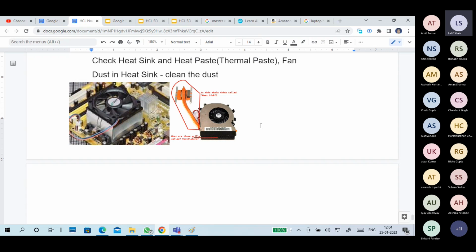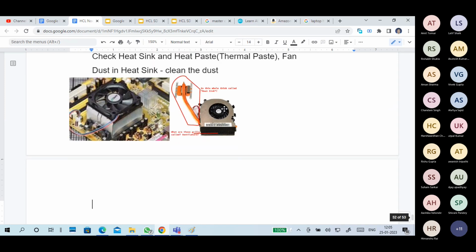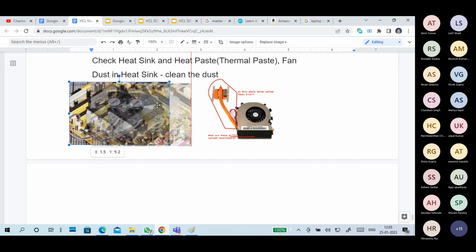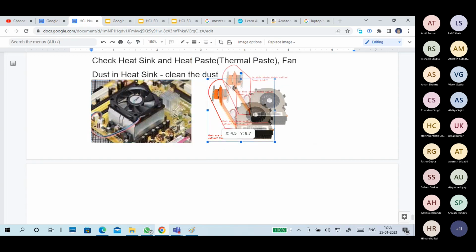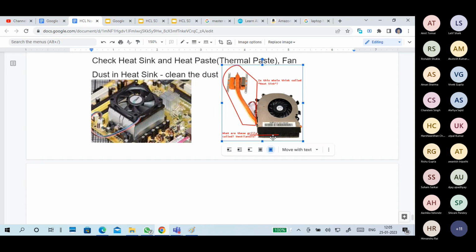And if you want to maintain the heat, don't put anything surrounding your laptop, because under the laptop and on the sides of the laptop there are laptop vents. The vents are breathers, so airflow is required. If you block the airflow, the heat cannot escape, and it gets heated.